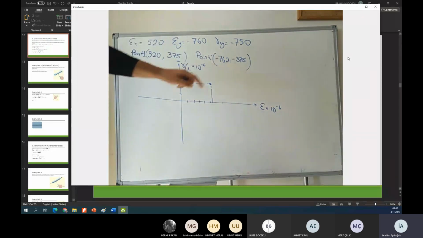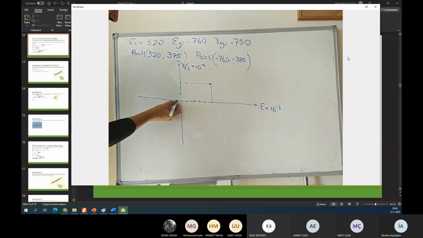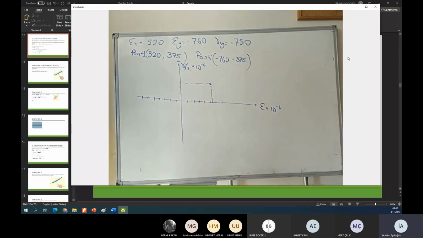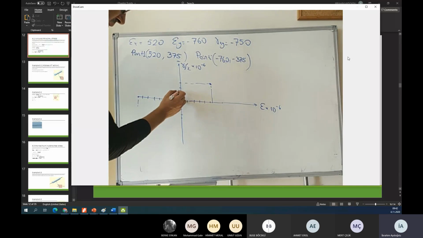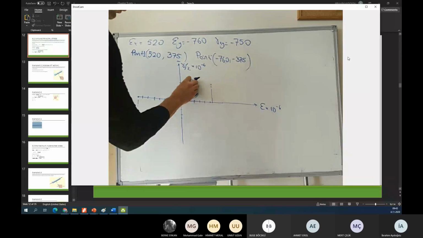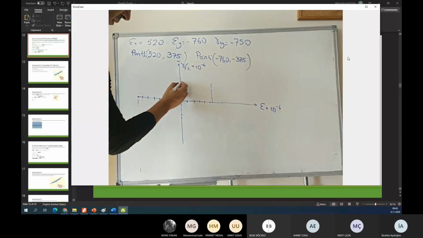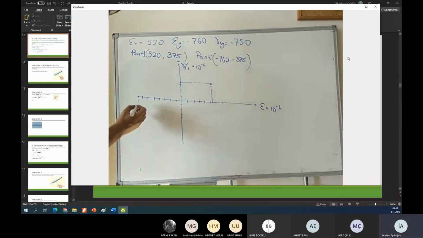Second point is 1, 2, 3, 4, 5, 6, 7, like this, 760 negative, and this is it, minus 375.